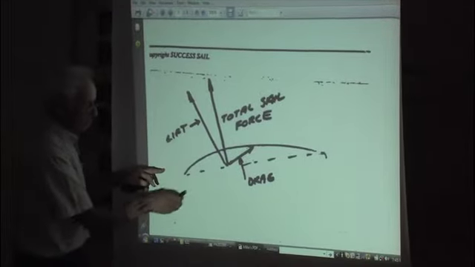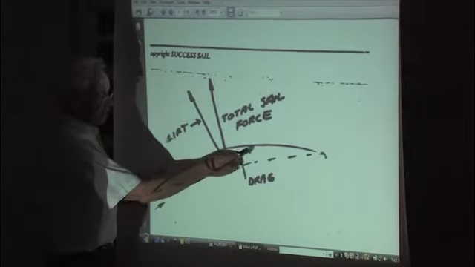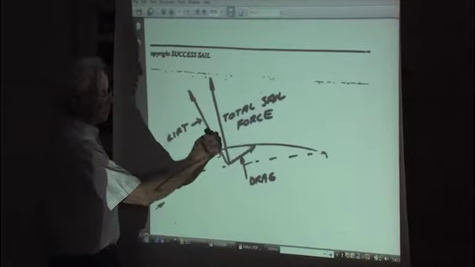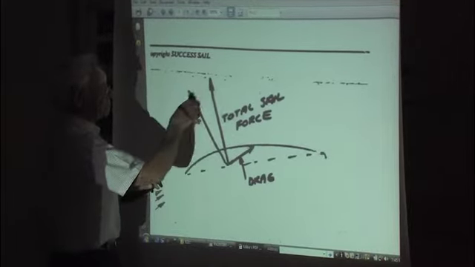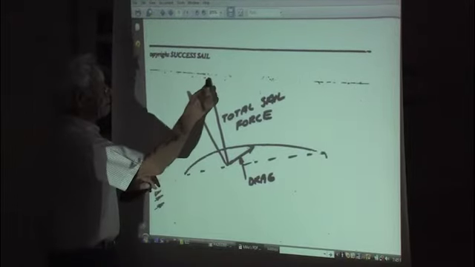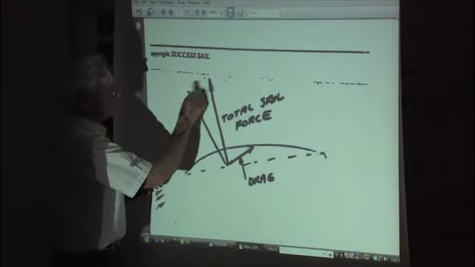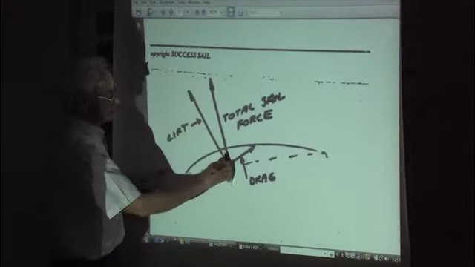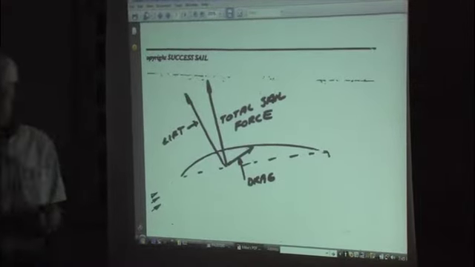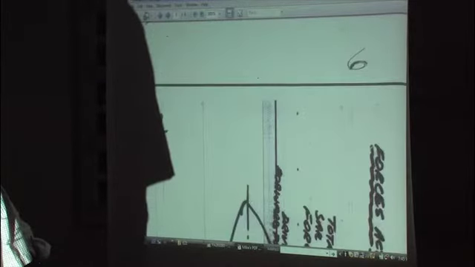So if the wind's coming from here, the drag's in that direction. Analysing the forces with a parallelogram, you end up with this is drag, this is lift, and this is the total force of the sail. So we're trying to get total force of the sail. Don't even think about lift and drag, we're looking at total force.